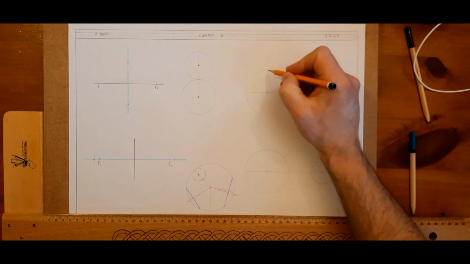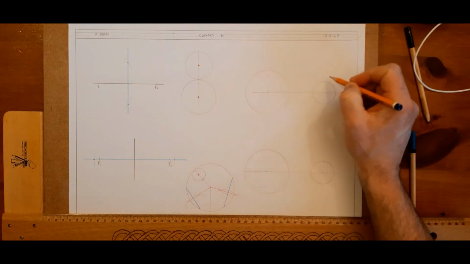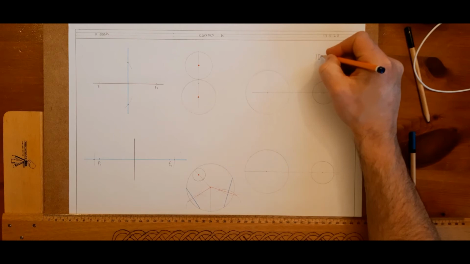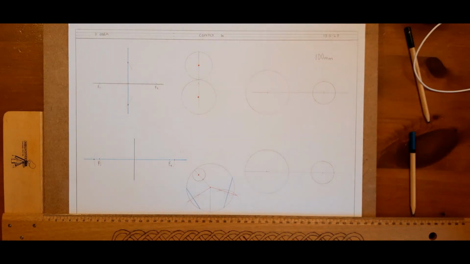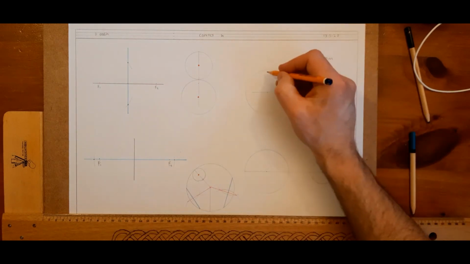The tangential arc that I'm going to want to put onto this here is going to be 100 millimeters. It's on the worksheet that is in your OneNote.